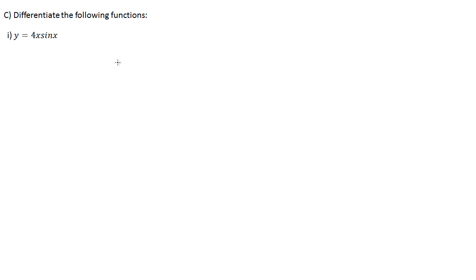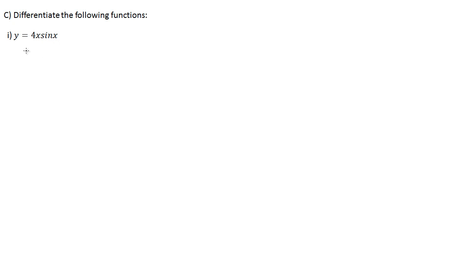Okay, so now for this question, we've got to differentiate functions. The first function is y equals 4x sine x. Okay, before we do this, we've got to think. These two values are not one function. They're two functions put together. This is 4x and this is sine x. They're different things.